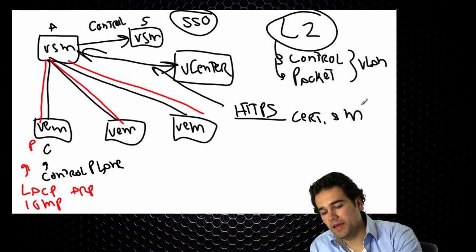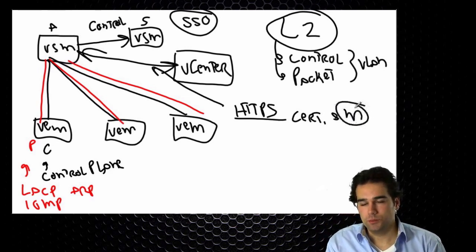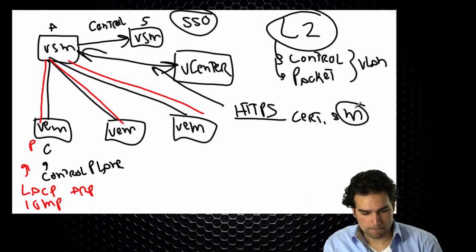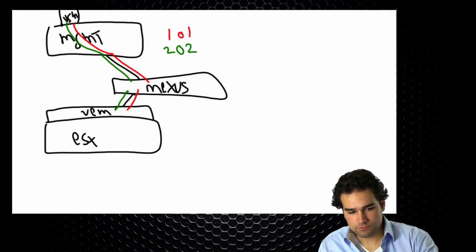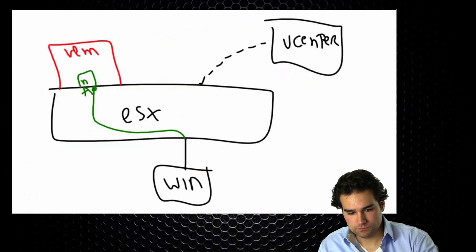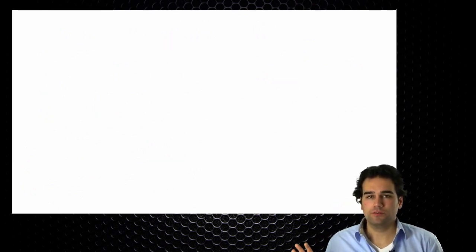So it's running on the management port, and I need to exchange the certificate with vCenter. All right. So those are all the communications between VSM and other devices.